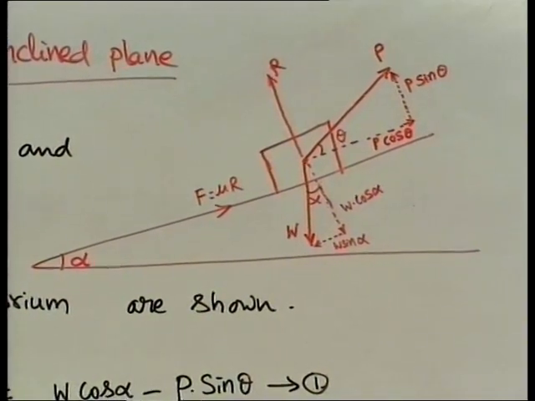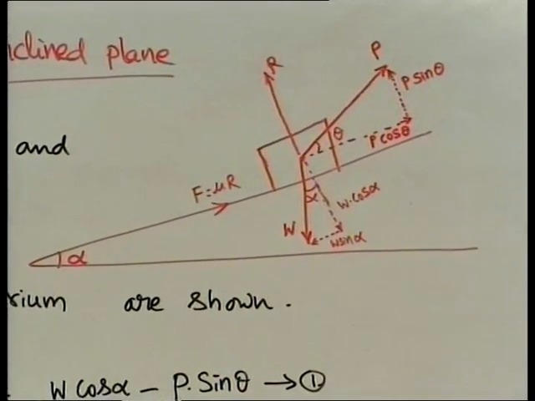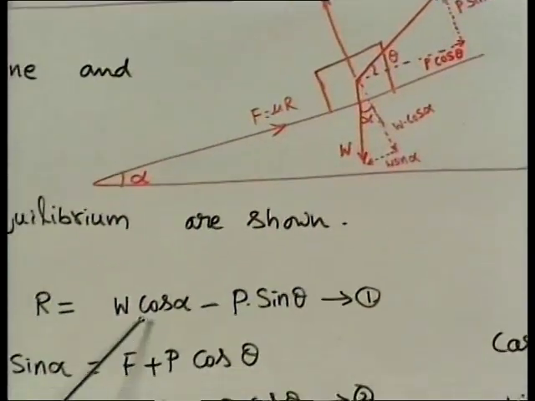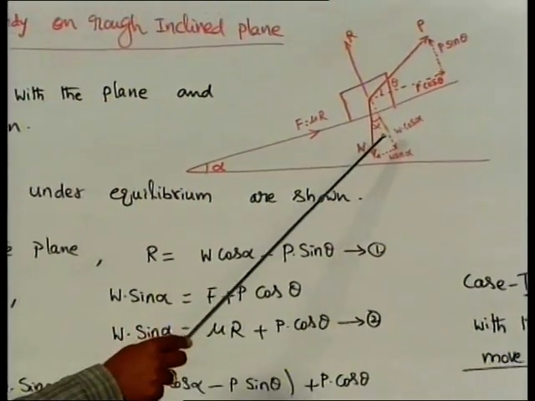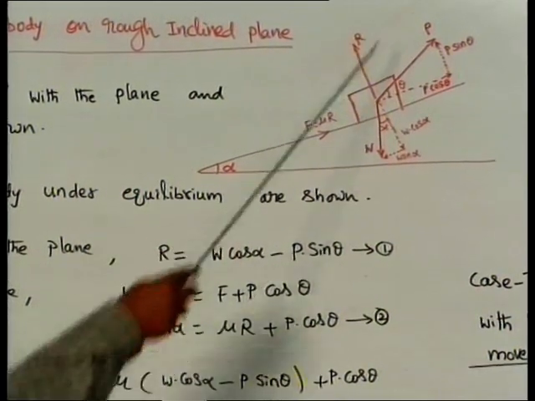Now, for resolving all the forces normal to the plane, R, which is vertically upwards, is equal to the downward forces, that is W cos alpha minus P sin theta, because this is acting in the upward direction, therefore minus sign.